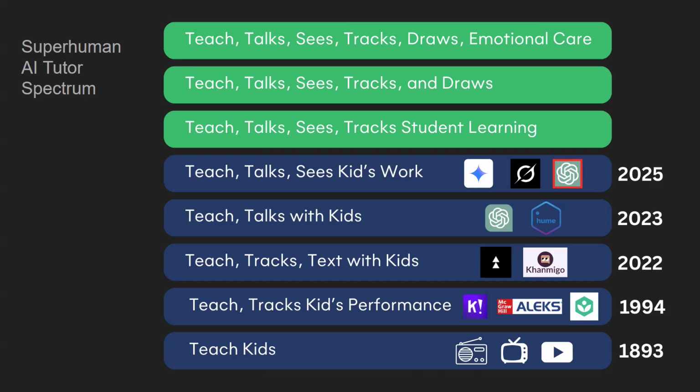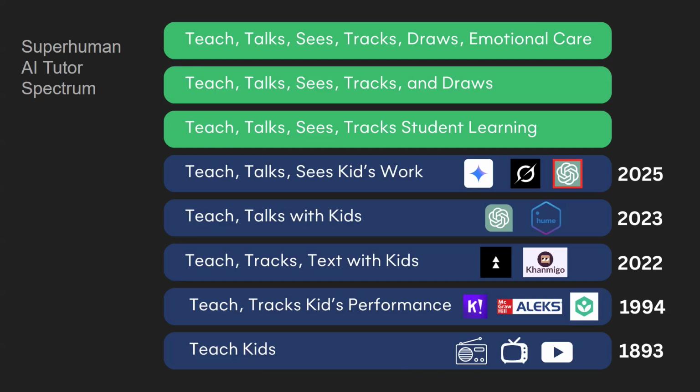And so it's really since the 90s with the boom of the internet that we've been able to get a lot of this data tracking, and now with AI, this is another milestone where we're improving. Not only is AI able to teach and track student learning, it can now text with students, and it moved from text to talking in 2023, one year after ChatGPT came out.